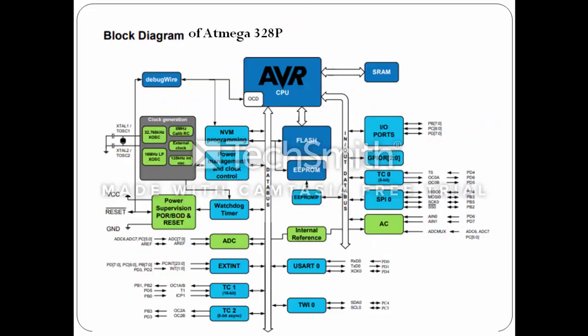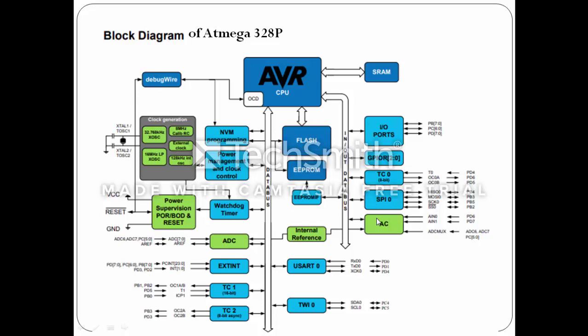Next is the block diagram of Atmega 328P. In this block diagram, we can see there is the AVR core CPU. There is flash, EEPROM and SRAM memory. There is an internal reference, USART ports and TWI ports.